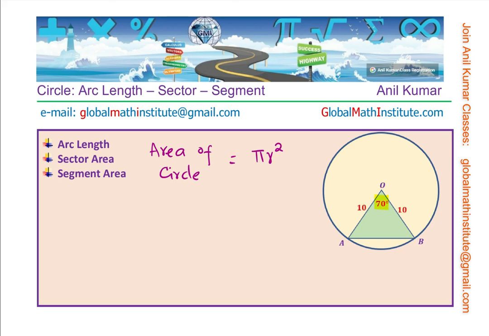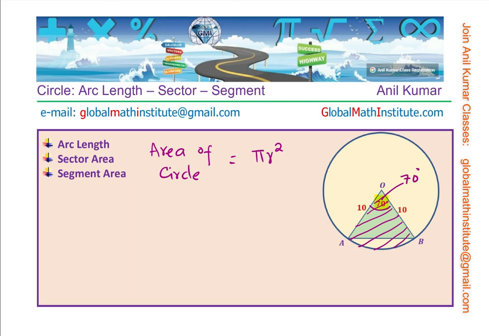Now, sector is a small area defined by the two arcs, which I'm shading now. Now, you see in this particular case, we are given the angle here, which is 70 degrees. So we need to find the area of this sector.